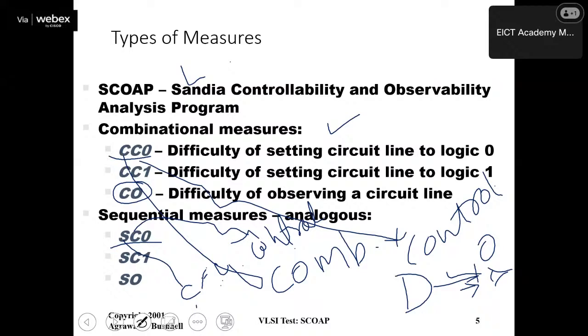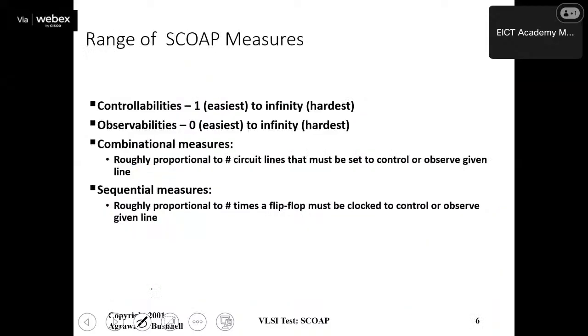SC0 stands for sequential controllability 0, SC1 stands for sequential controllability 1, and SO stands for sequential observability. So you are going to observe any branch in the sequential circuit. We will give these some numbers, because we just want to figure out how difficult the controllability or observability is compared to the input or output line respectively.